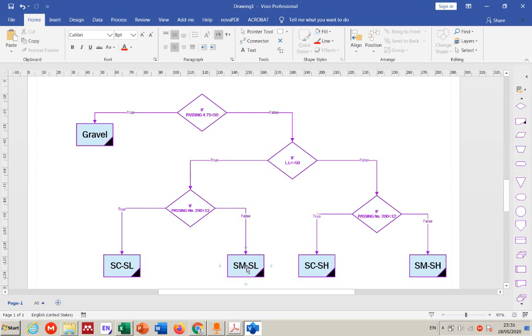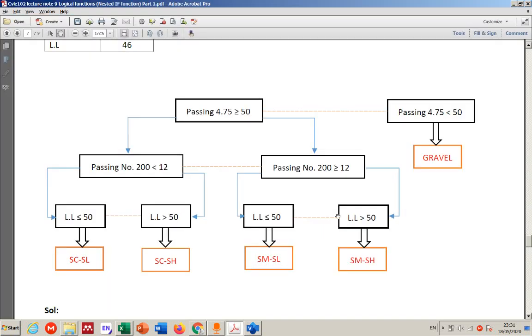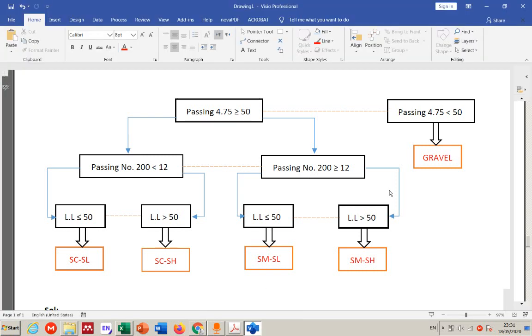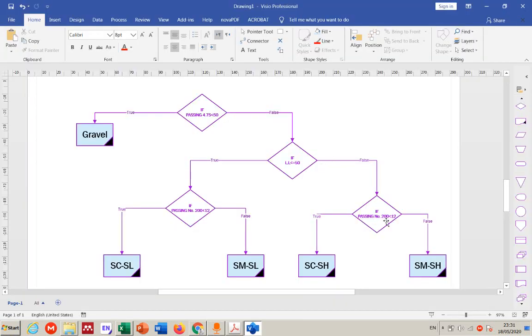This is to be false. If this is not true, it means that the LL is greater than 50. In the case of greater than 50 as well, I have two, whether this or this one, and again the number 200 is going to decide. So again, when it comes to here, I will give another condition on number 200, whether to be this or this.